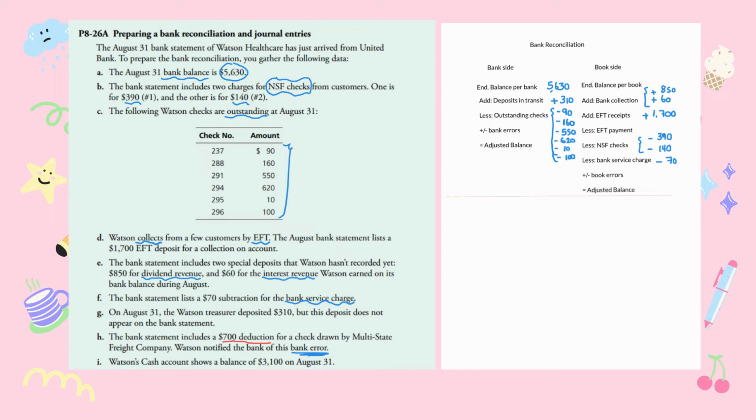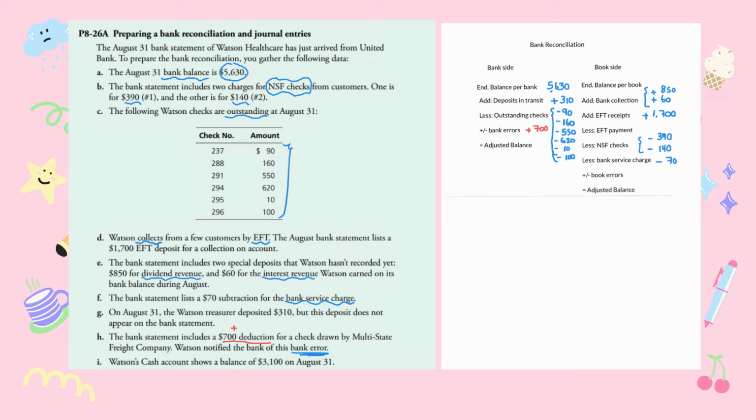Now to correct this error, I need to add this amount again, because he said it's a 700 deduction. So he subtracted this amount. He deducted this amount from my bank balance. So I need to put it back. I need to add the 700 back again to my bank balance.